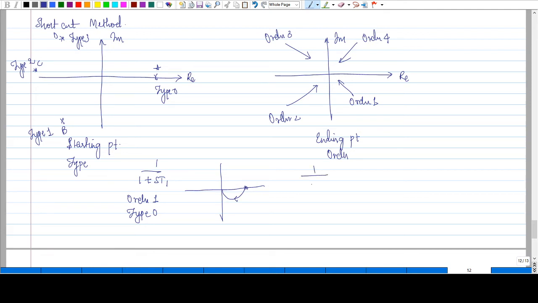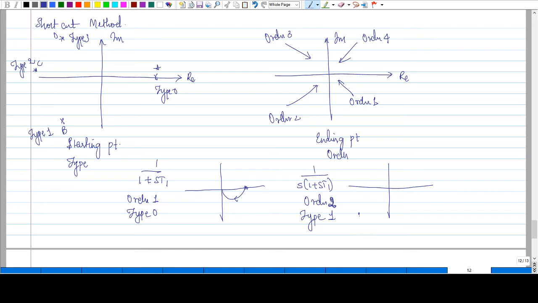Next, if I have 1 divided by s into 1 plus sT1, this is order 2, type 1 system.